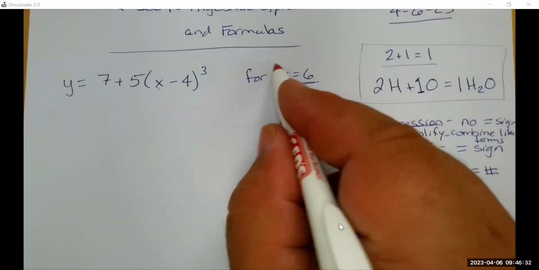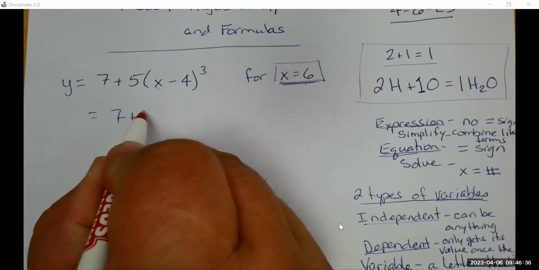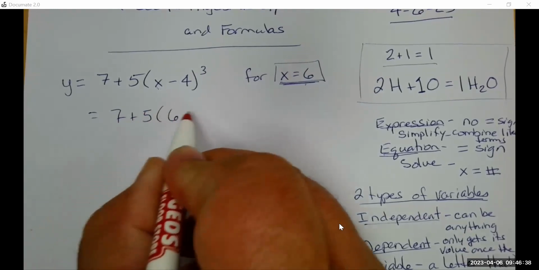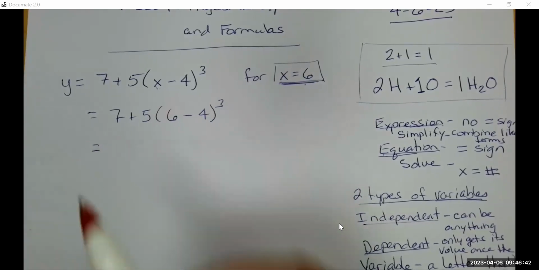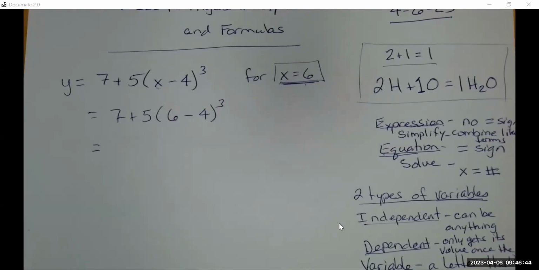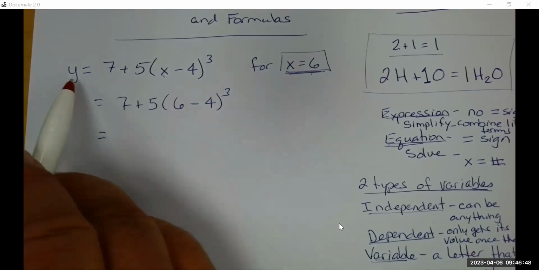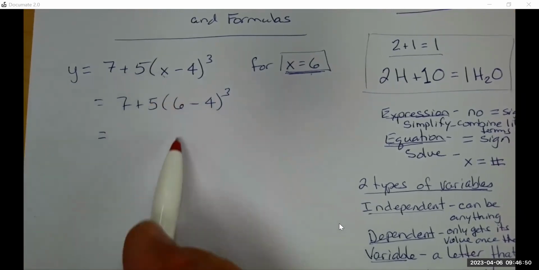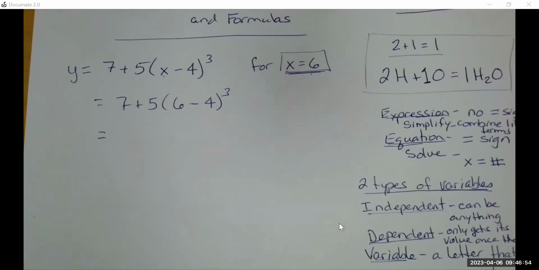So once we define the independent variable, we plug it in there in place of x and work it out. And the value of y will be determined once that's worked out. So work it out. What do we get?